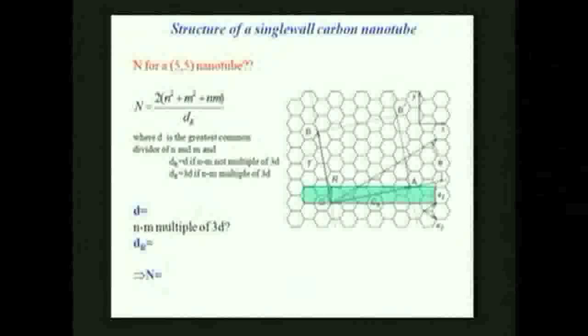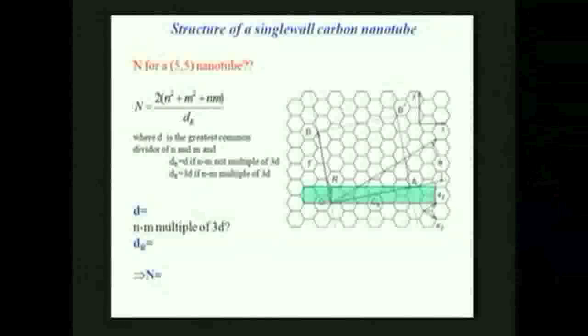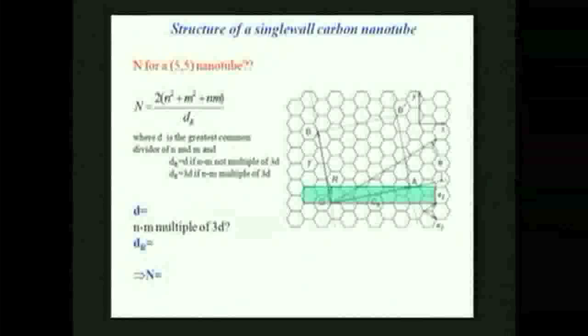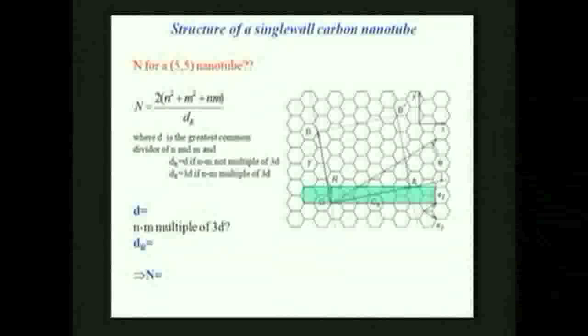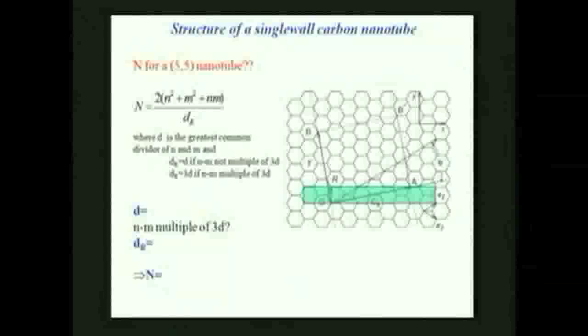So now, we would like to know how many hexagons, and therefore how many carbon atoms, we have in this unit cell. We said that the relation between the number of atoms and the number of hexagons is this: N_C is the number of carbon atoms, and it's always twice the number of hexagons.